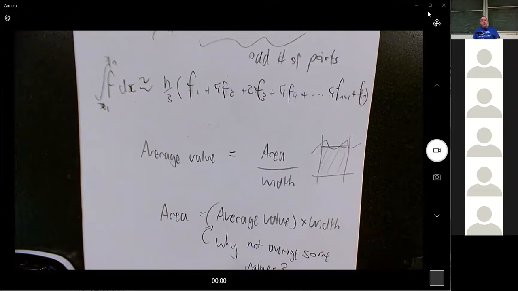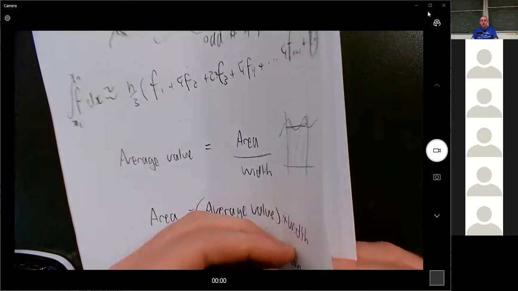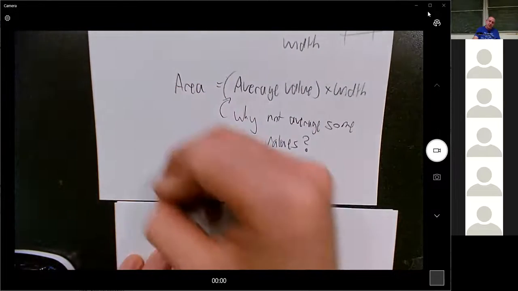So what I'm going to do is I'm going to cut it into small intervals, and on every one of those intervals I'm going to average some values to figure out what the average value is, and multiply them by the width of the interval, and it should tell me the area on that interval. That's what I'm going to do. So this is now the procedure.